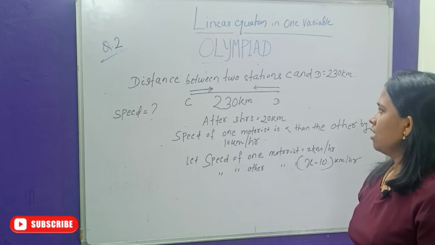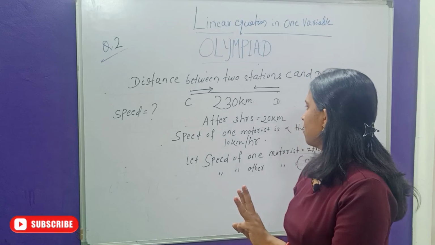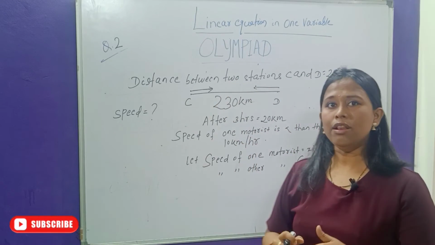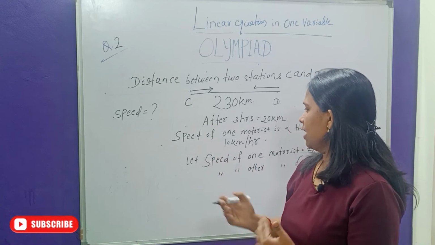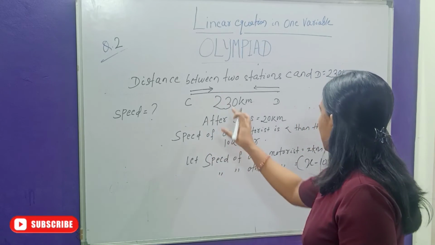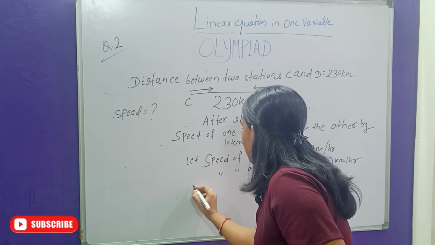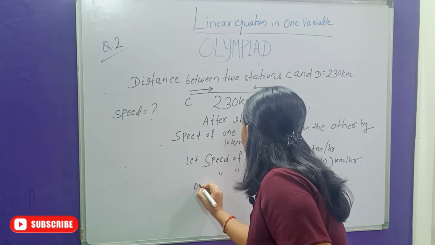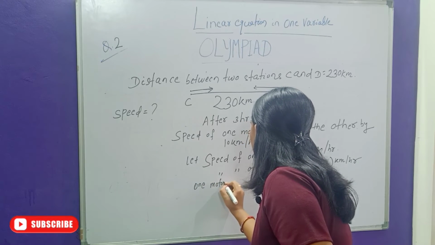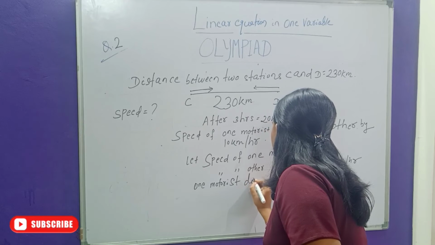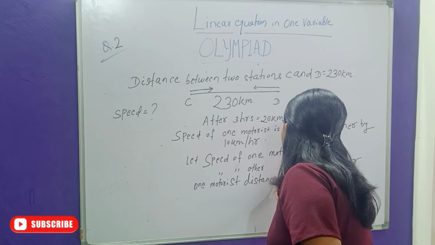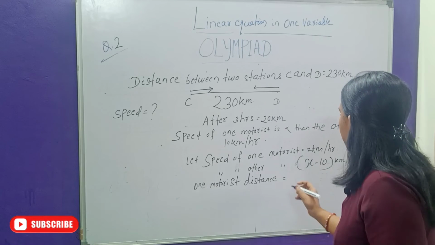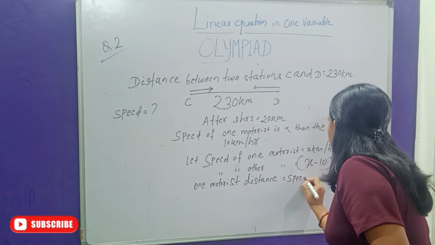After traveling 3 hours, the distance between them is 20 kilometers. So what distance does each motorist cover? For the one motorist, distance covered is speed into time.